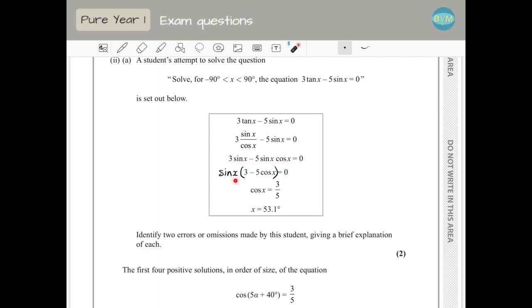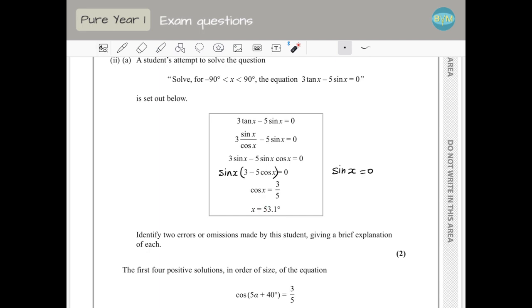So one solution that the student is missing is when sine x is 0. So that's one mistake. He has cancelled without considering that this is an option. And then cos x is 3/5, so that's correct. x is 53.1, but he's missing one other solution.